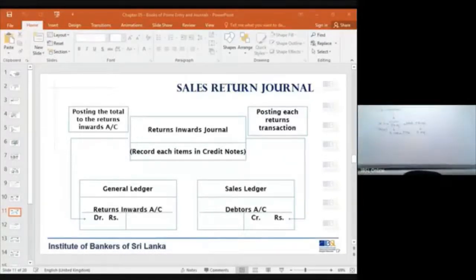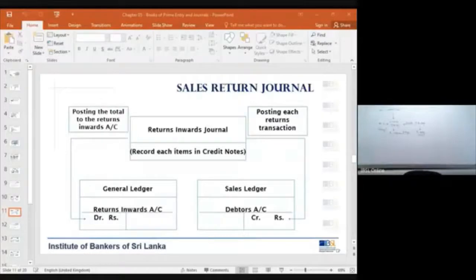So now this 450 does not belong to ABC company. What do you mean by that? They did a sale for 1,500 rupees, out of which now 450 does not belong to them.